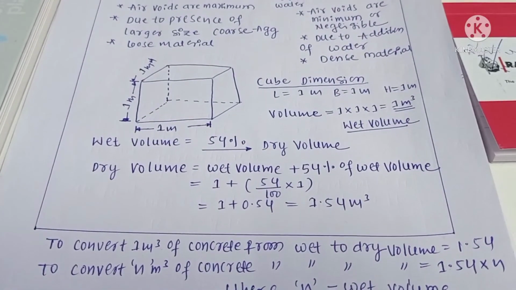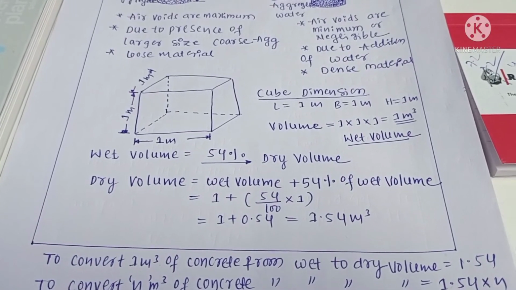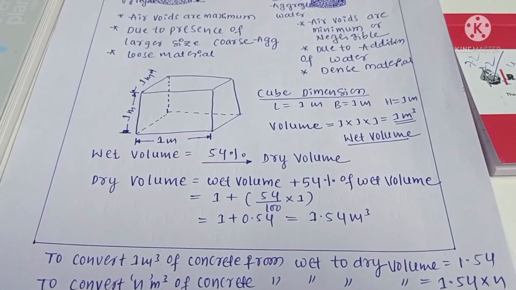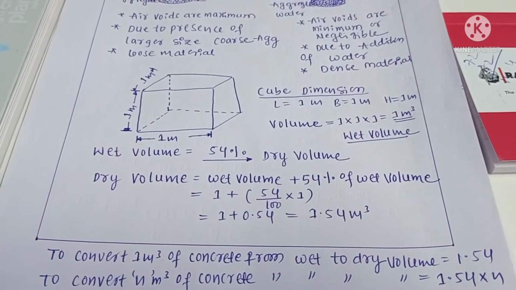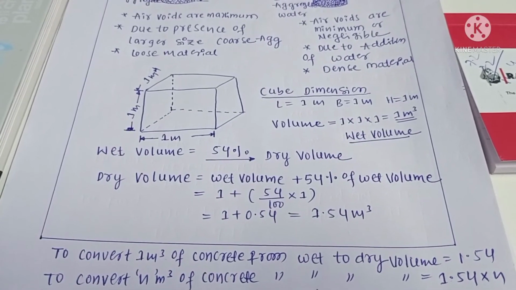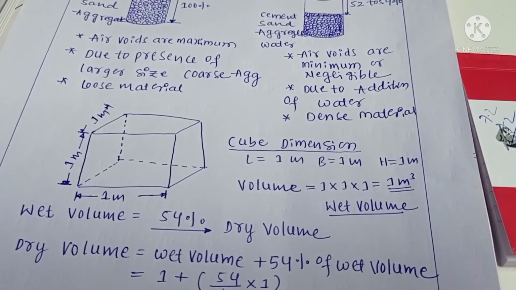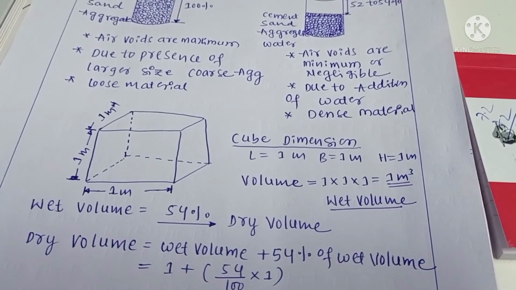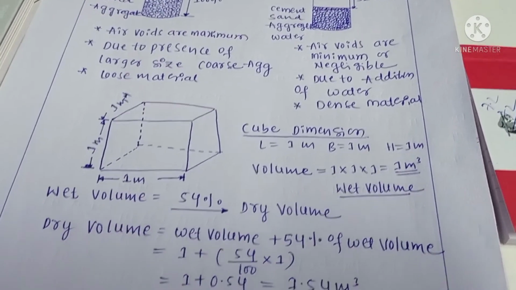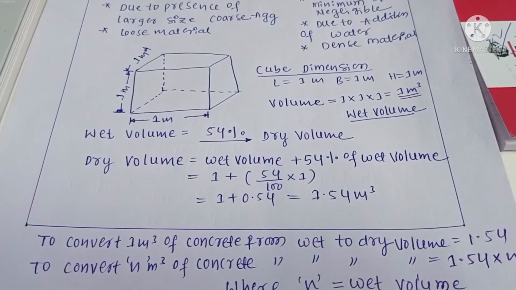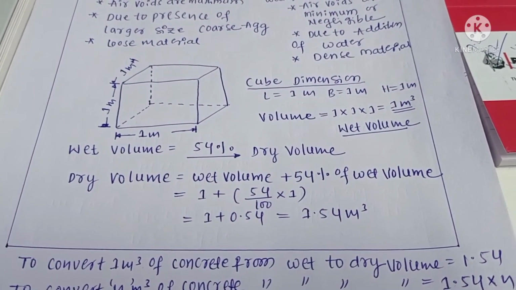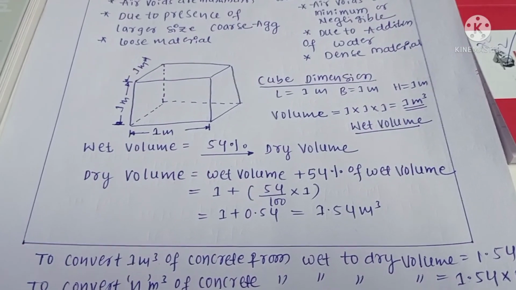So we take 1 plus 54 by 100, in percent, multiplied by the wet volume of the cube, where length is 1, breadth is 1 and height is also 1, so the wet volume is 1 meter cube. So the dry volume is 1 plus 0.54, which is equal to 1.54.